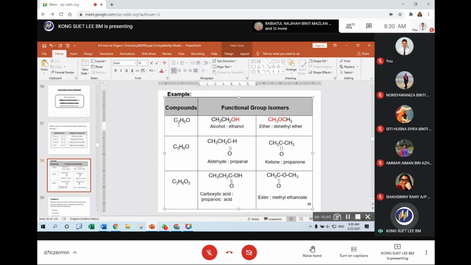Both have the same molecular formula, but this one is alcohol and this one is dimethyl ether, meaning ether. Ether, alcohol, hydroxyl, alkoxy. Aldehyde has C double bond O at the end, while this one, C-O-C with C double bond O in the middle of the structure, is a ketone. Carboxylic acid with ester.